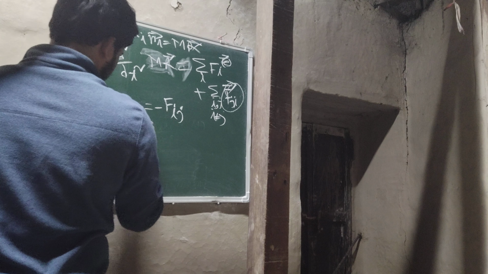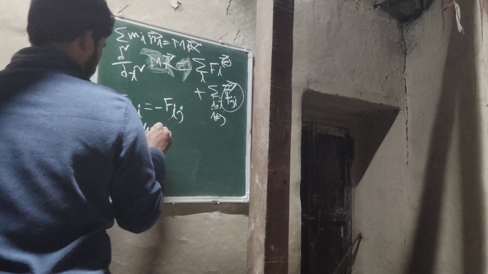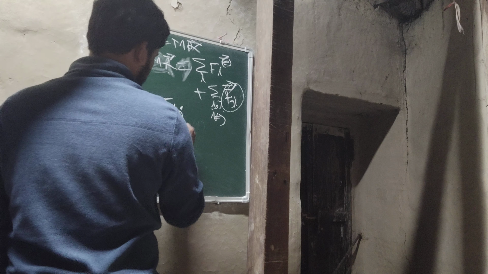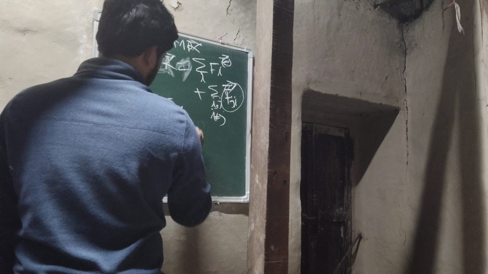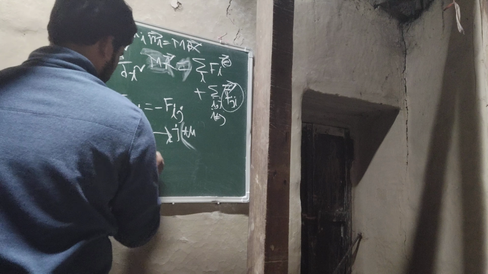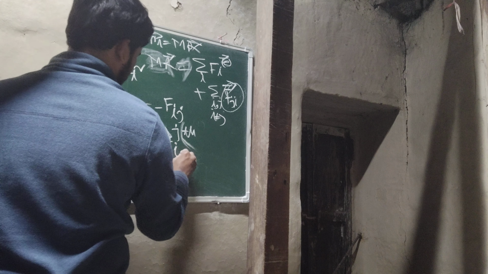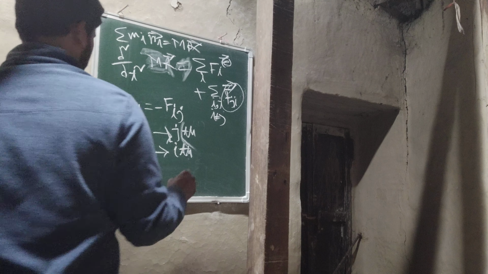If the ith particle applies a force on the jth particle of value F, then the jth particle also applies a force on the ith particle of equal value, and the direction is opposite.